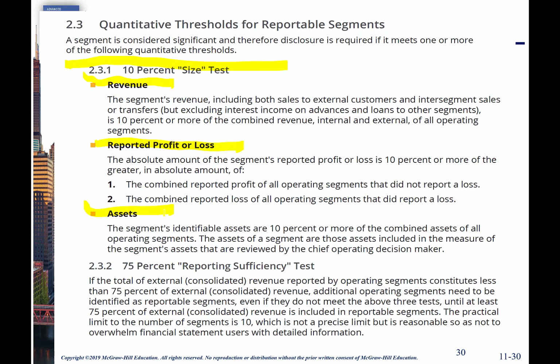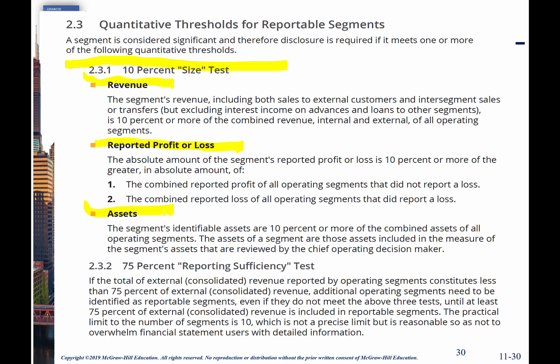Any segment that has revenues, reported profit or loss, or assets greater than or equal to 10% would have to be reported as a segment. And they don't have to meet all three of these. Only one of these, revenues, profit or loss, or assets, has to constitute 10% of the overall total in order to be considered large enough to be a segment.